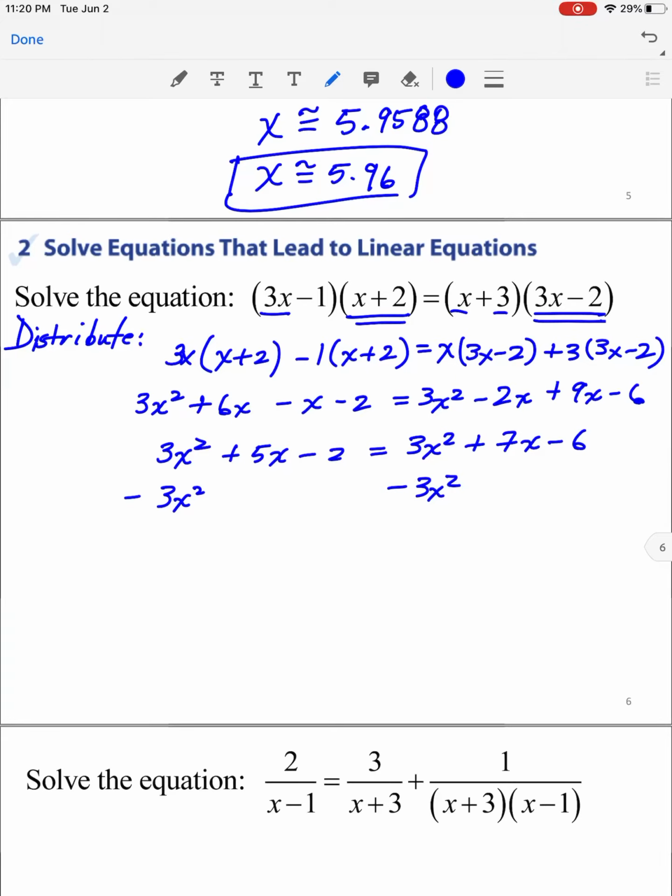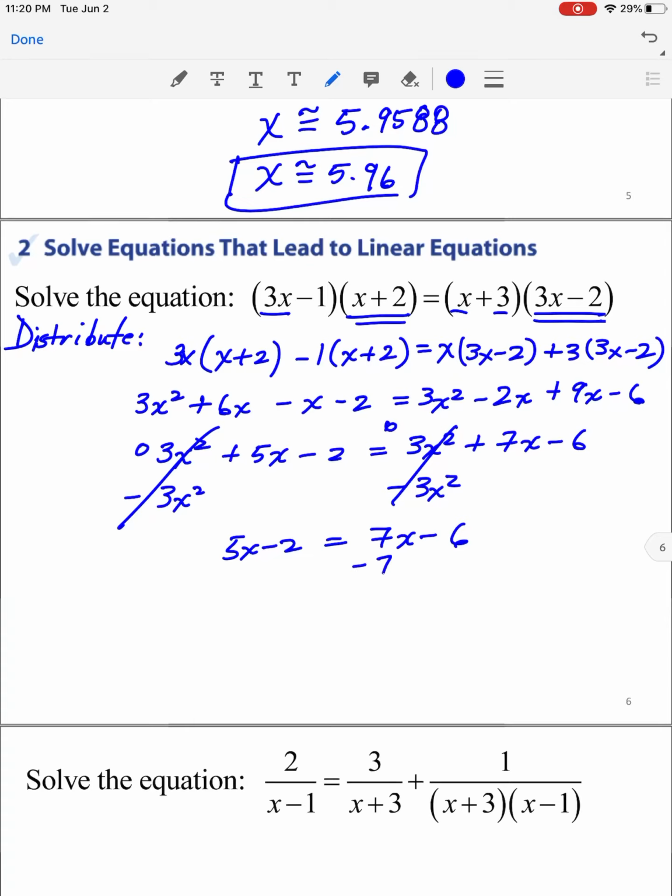We're going to start off with the ones with the highest power. Well, if we subtract 3x squared from each side, that goes to 0. That's 0, and that's 0. So that leaves us with 5x minus 2 on the left and 7x minus 6 on the right.